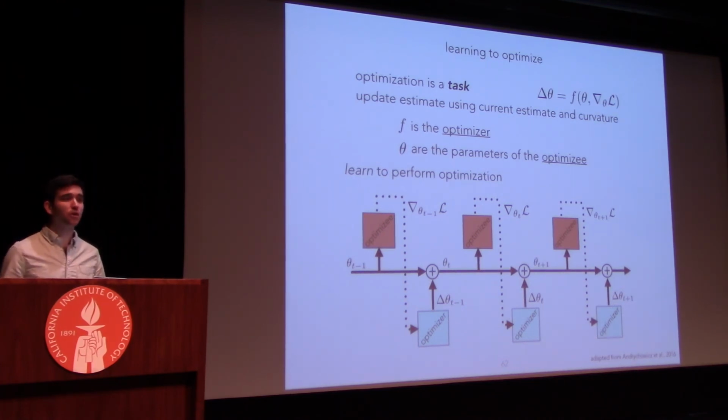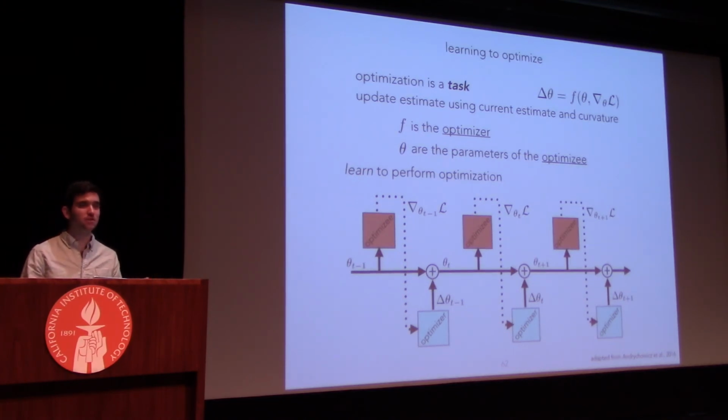So if I'm very far away in parameter space and the model has an idea of, oh, okay, this is not where I think an optimum is going to be, I can take a large step that I wouldn't be able to do with a normal optimizer. So you're kind of learning these learning rates. Yeah?